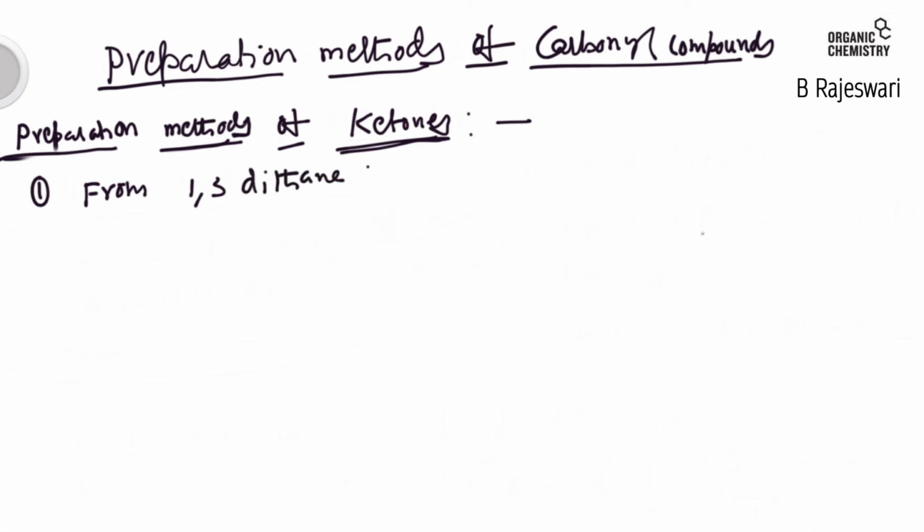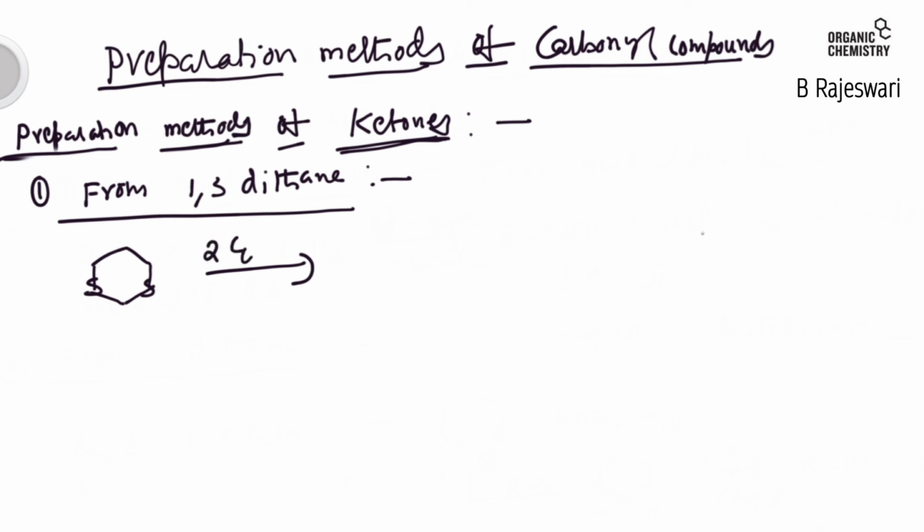The only difference is that for ketones, 1,3-dithiane is treated with 2 moles of n-butyl lithium and 2 moles of primary alkyl halide.